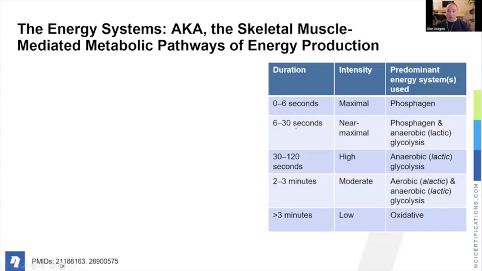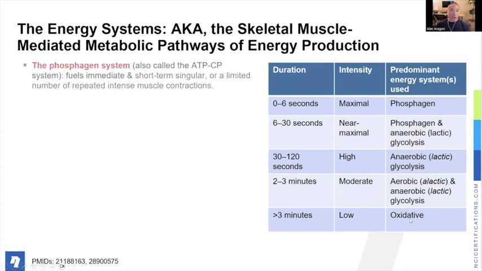But duration goes up. As we go along, longer duration, lower intensity, lower ATP production. And this happens as we move from the phosphagen system through the glycolytic system, and then all the way to the oxidative system.